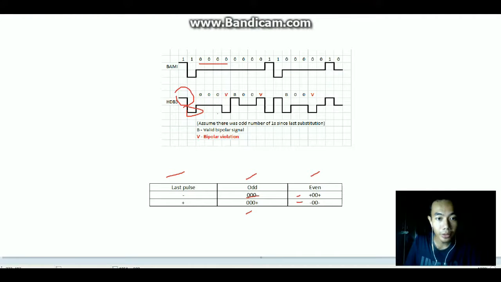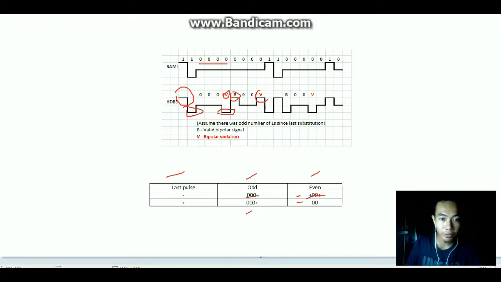At this part we can see that violation is happening. Then this part is occurring at the negative level, so we use the even part, meaning 0, 0, positive, 0, 0 and positive, where one of the positive levels is a valid bipolar signal and the other is a violation.